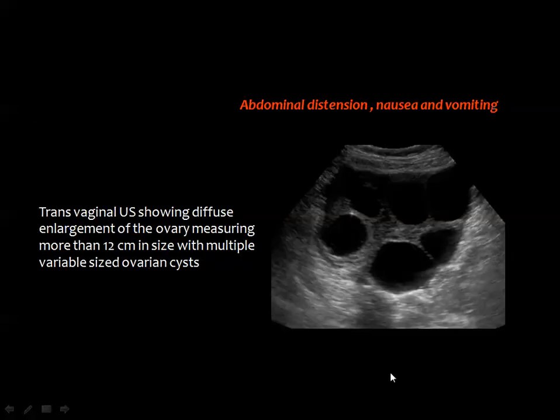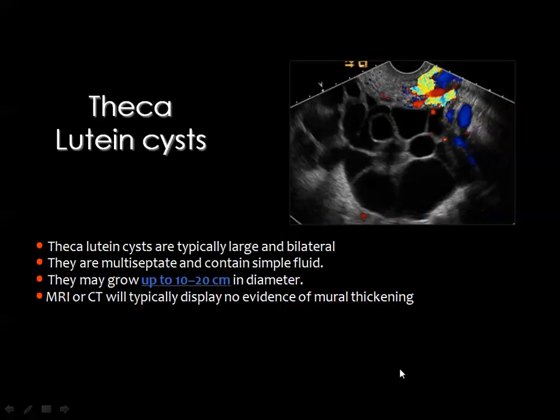Then this is an example of ovarian hyperstimulation syndrome, and you can see some of the sizable cysts in the ovary by ultrasound. Theca lutein cysts are large cysts, hypoechoic on ultrasound.